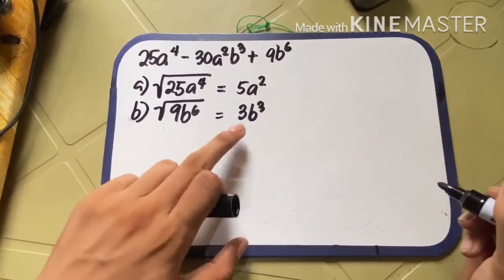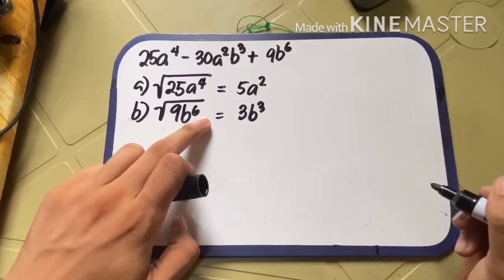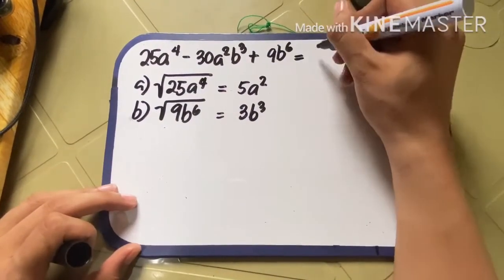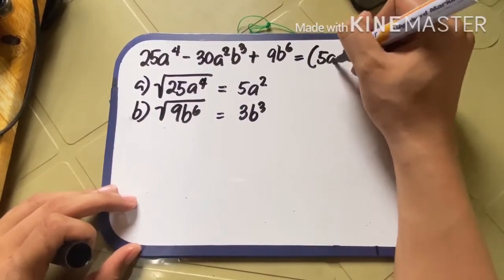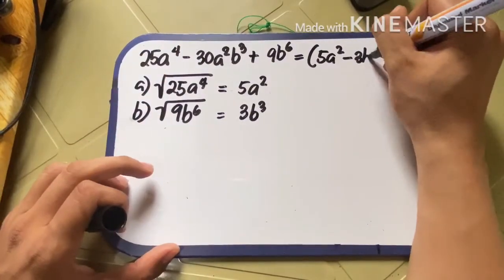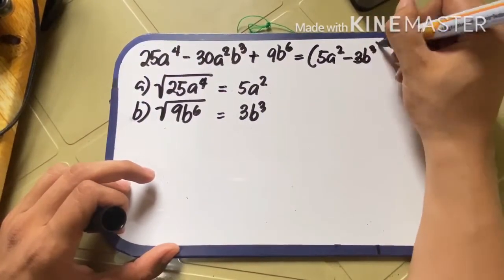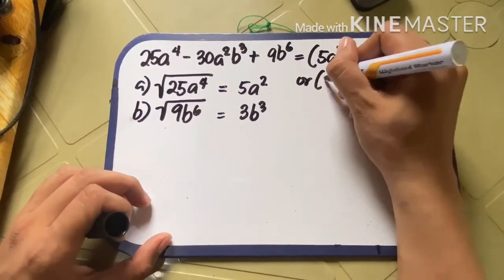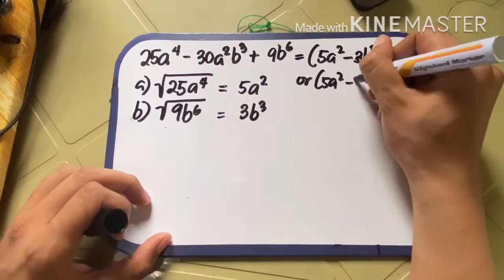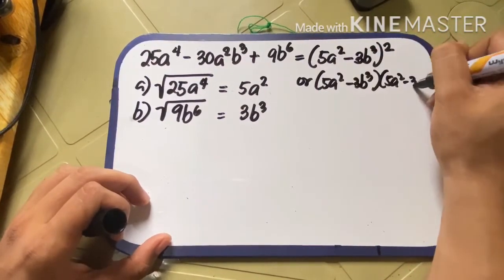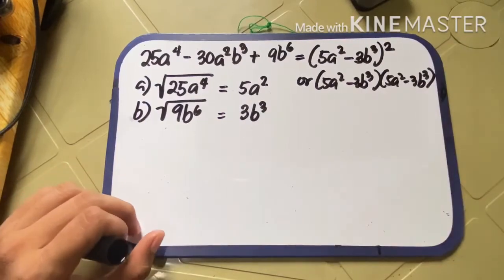The square root of 9 is 3, then b raised to 6, 6 divided by 2 is 3, so 3b cubed. Therefore, the quantity of 5a squared minus, because this is minus, 3b cubed raised to 2. Or you can write 5a squared minus 3b cubed times 5a squared minus 3b cubed. They are the same.